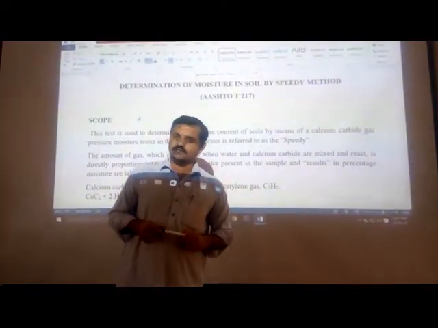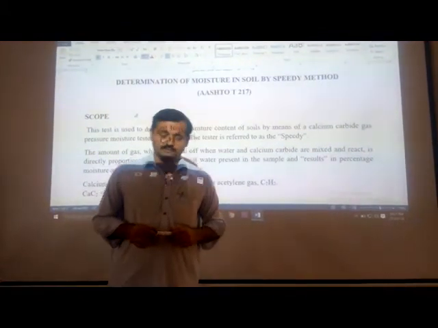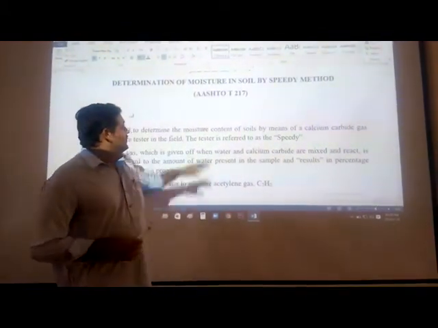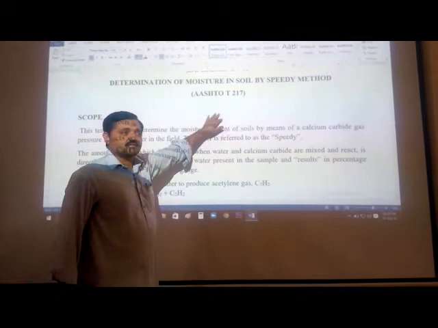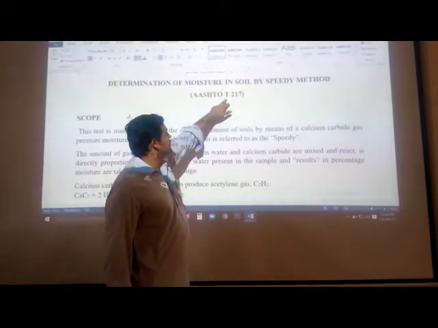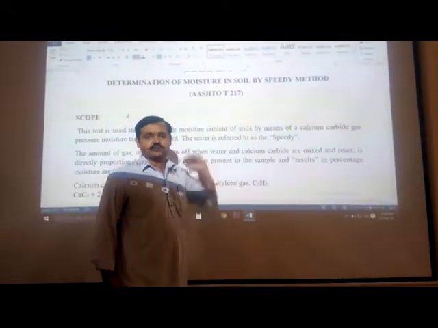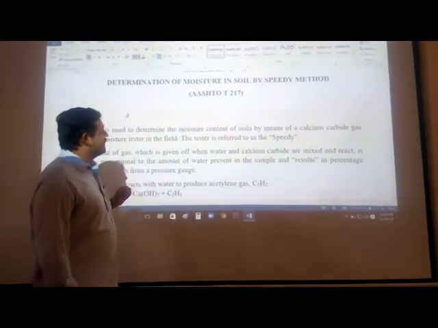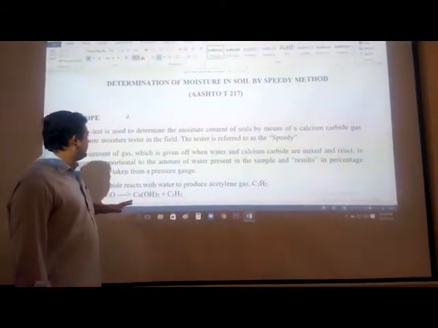The AASHTO code of this experiment is T217. Now, in this particular experiment, we are using calcium carbide as reagent.